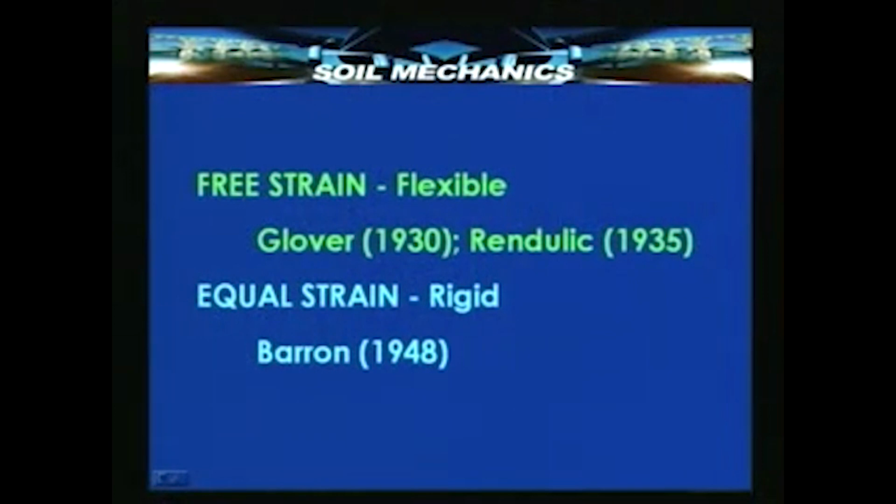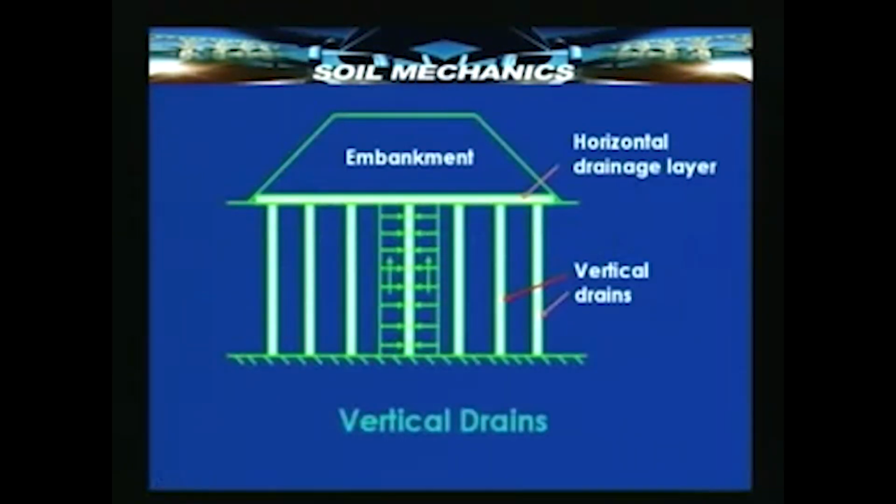So, now assuming that we can solve this problem of 3-dimensional consolidation either under the so called free strain condition or the equal strain condition, for which solutions have been given by various people, we can see how this can be applied to radial consolidation using sand drains. So, here is a very typical setup that is used together with vertical drains in order to accelerate consolidation. Now, this needs some explanation.